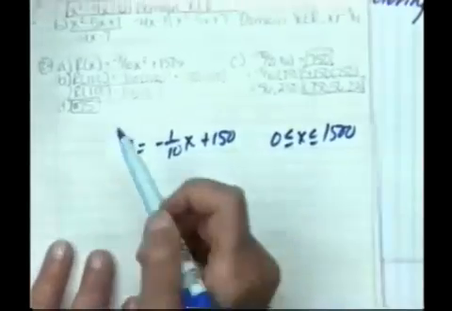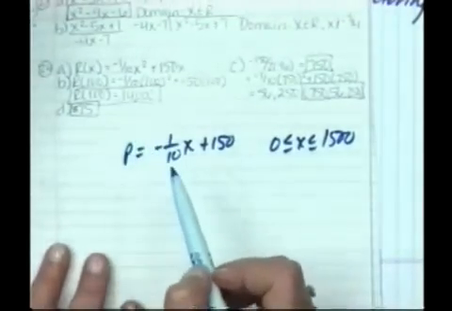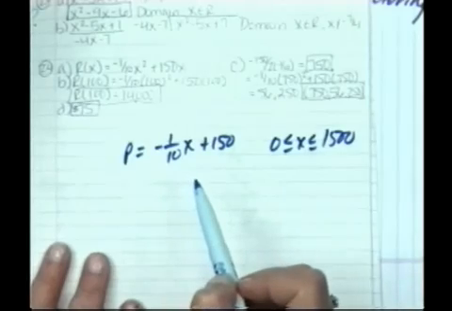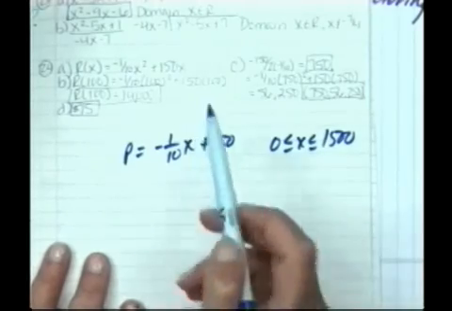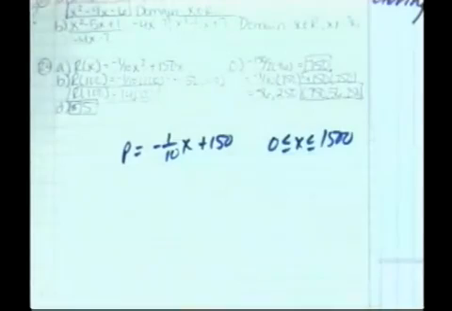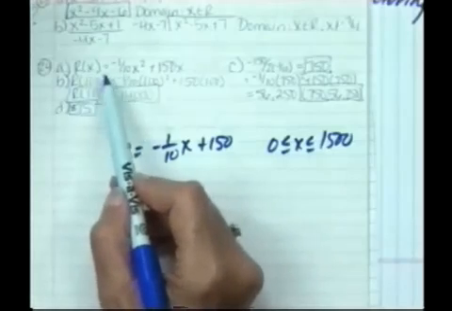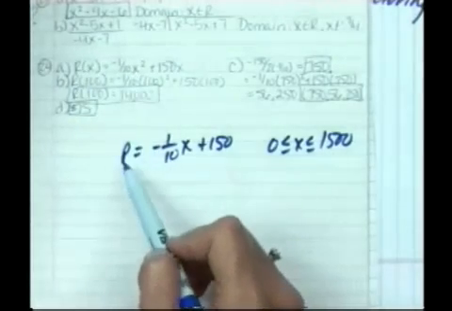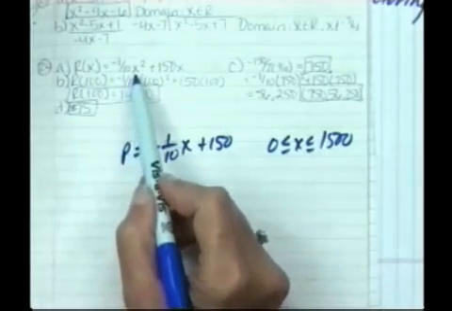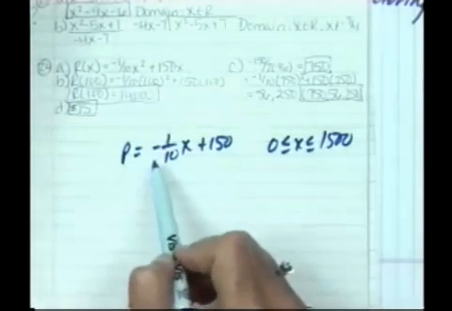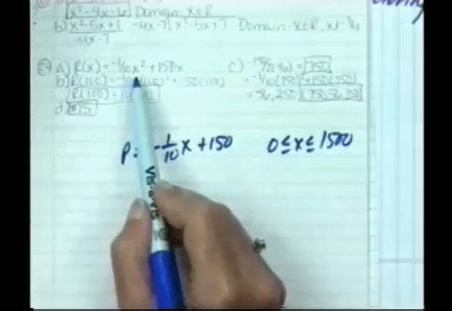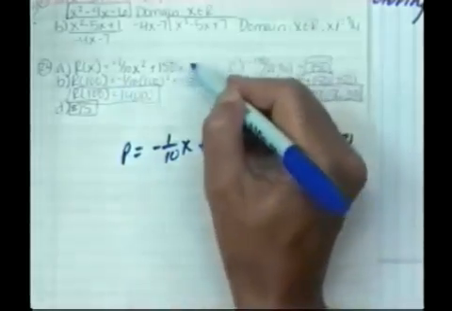I'm just going to jot that down. The price is P, and x is the quantity sold. Revenue. In words, what's the revenue function? Price times x. Right, so you just multiply this through by x and you get negative 1/10 x squared plus 150x.